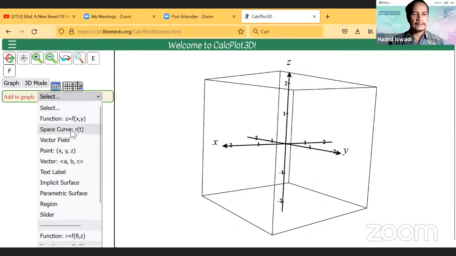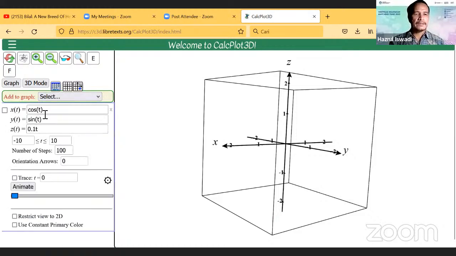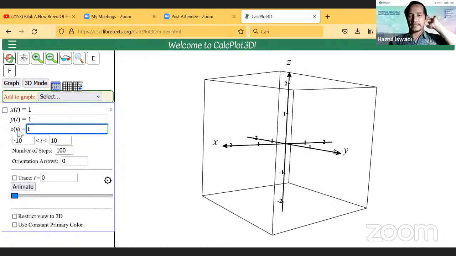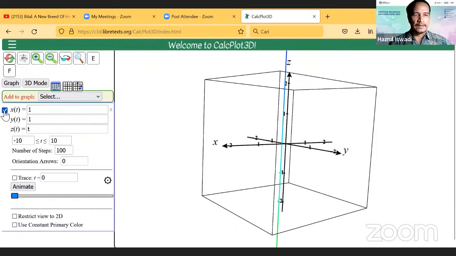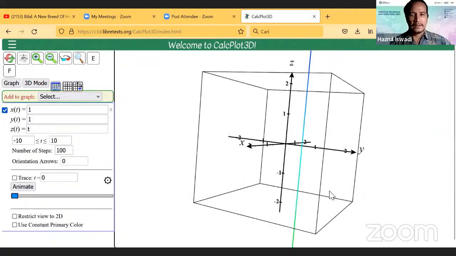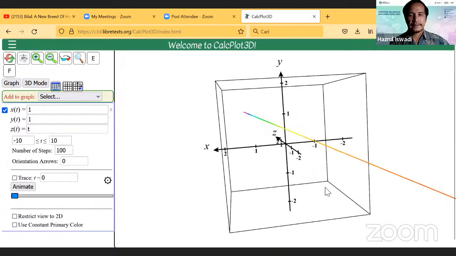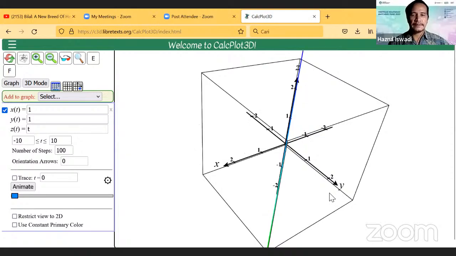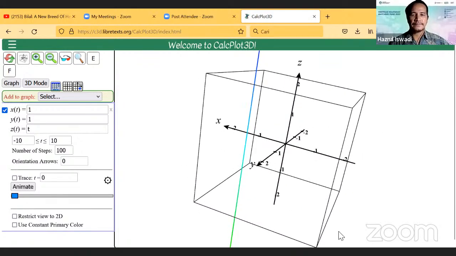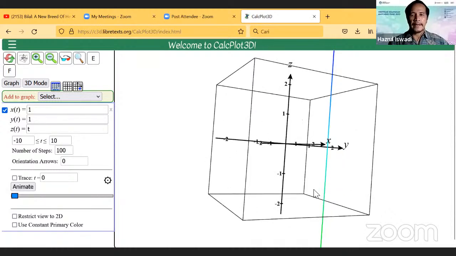The line has this equation: x is 1, y is also 1, but z is any number. So we have that the graph is a line.